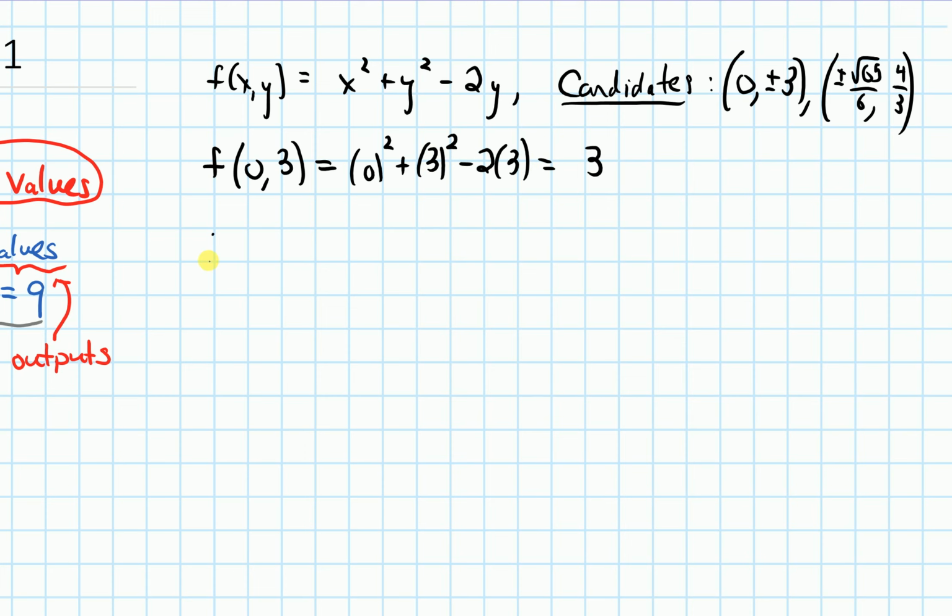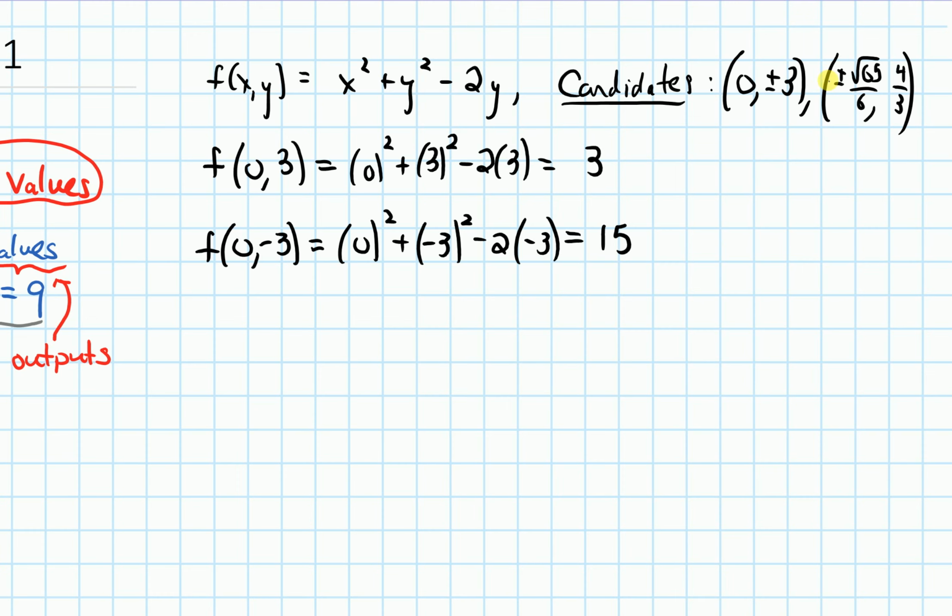And if I plug in 0, negative 3, it's going to give me something slightly different because this minus 2y term is now going to have the opposite sign. So plugging in, we get 0 squared plus, this time negative 3 squared, and then minus 2 times negative 3. So this time we get 9 plus 6, which is 15. Okay, so a bigger number that time.